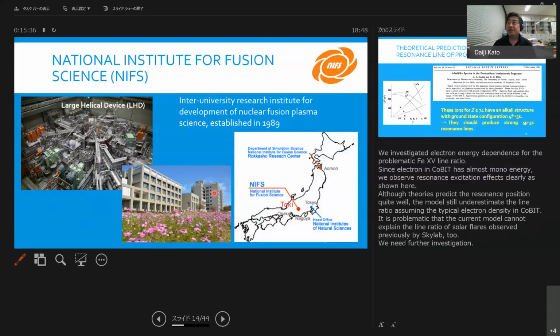And we investigate the electron energy dependence for the problematic iron 15 line ratio. Since electron energy in COVID is almost monoenergetic, we observe the resonance excitation effect very clearly, as shown here. Although theory predicts the resonance position quite well, the model still underestimates the line ratio, assuming the typical electron density in COVID, so 10 to the 10th per cubic centimeter.